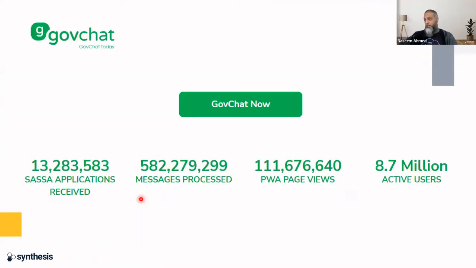Looking at GovChat this month, these are the numbers that have been processed utilizing the exact same infrastructure that was designed back in 2019, all serverless. And we are now sitting at about 8.7 million users with almost 583 million messages being processed.